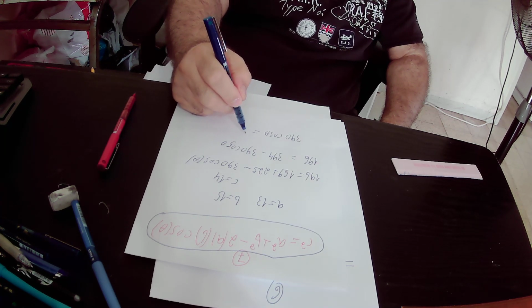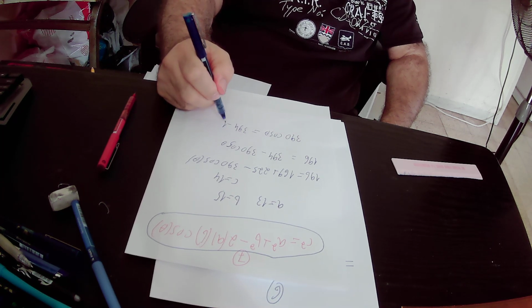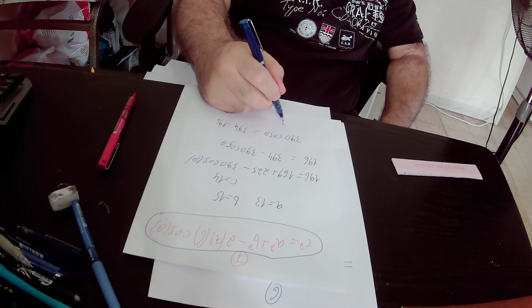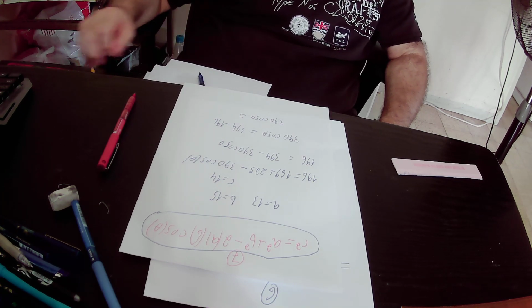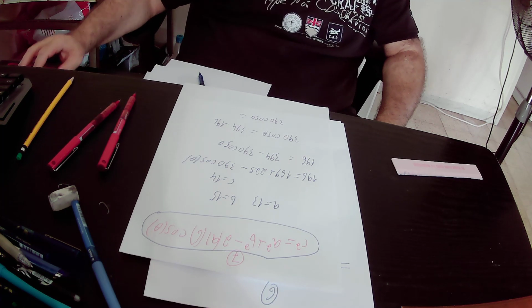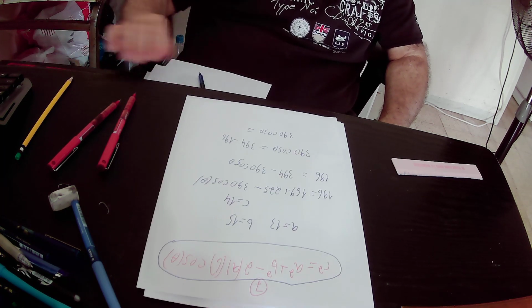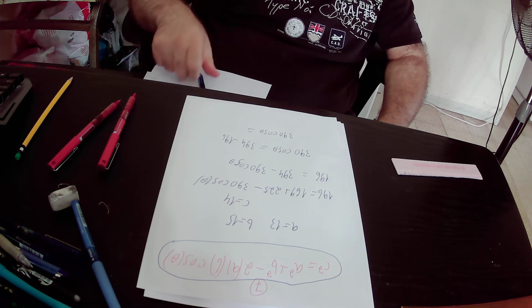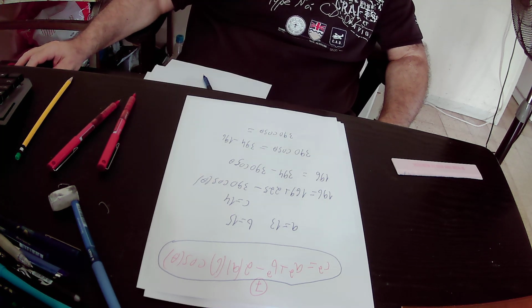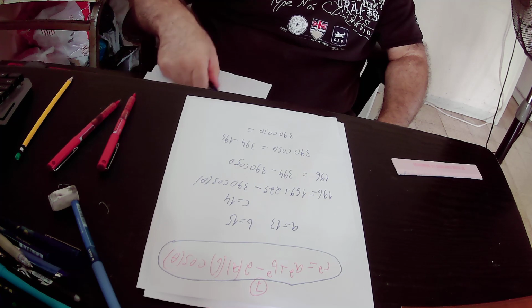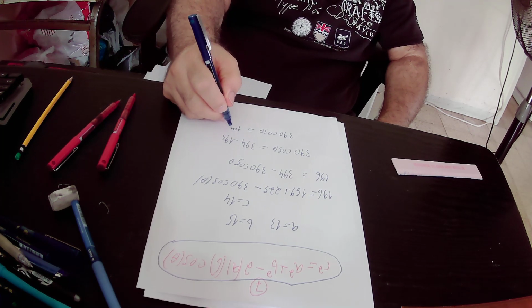So 394 minus 196 equals 390 cosine theta. 394 minus 196 equals 198.